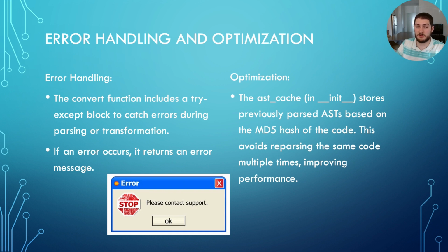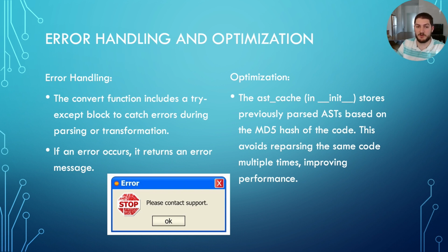In optimization, to enhance the performance of our program, it employs a caching mechanism. The AST cache, which is a dictionary initialized in the init method, is used to store previously parsed ASTs. The keys for the dictionary are MD5 hashes of input C code. The values stored in the dictionary are the corresponding ASTs that were generated from the C code. When the convert function is called with a given C code input, it first calculates the MD5 hash of that code, then checks if this hash already exists.